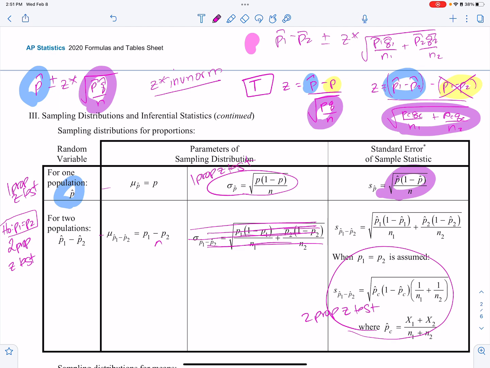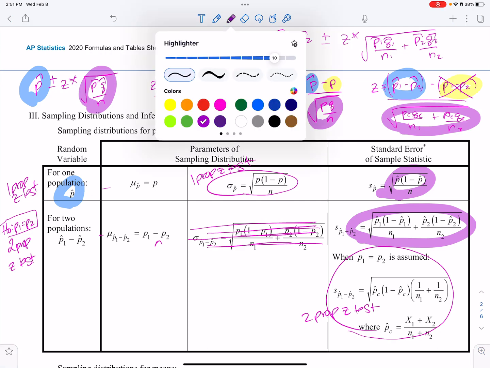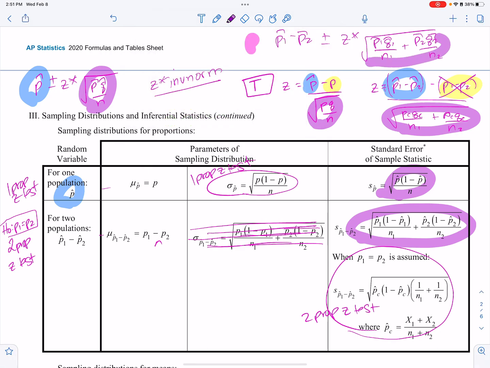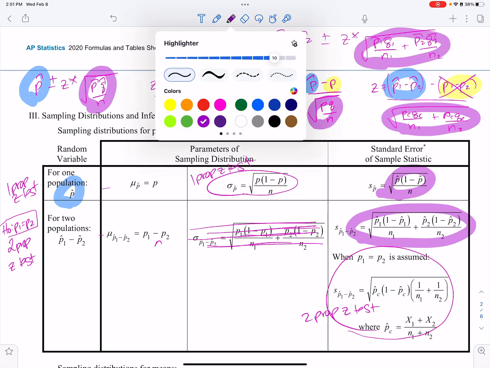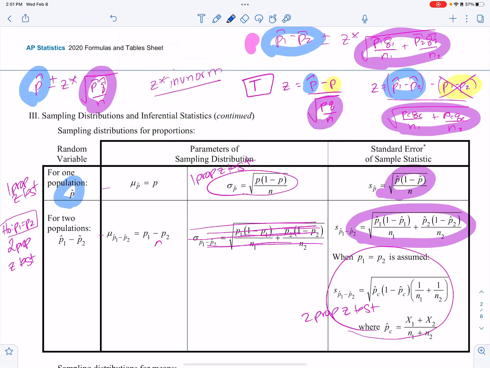So you see the only one that's left is for my 2-prop Z interval, and that's here. So we'll do the blue again. P1 hat minus P2 hat, plus or minus Z star. Z star we find the same way, which I'll show you in a second, times the purple right here.